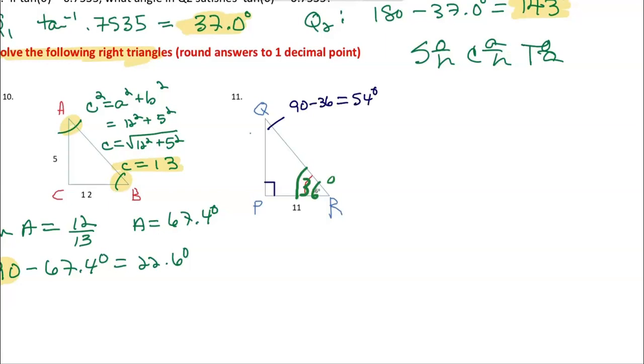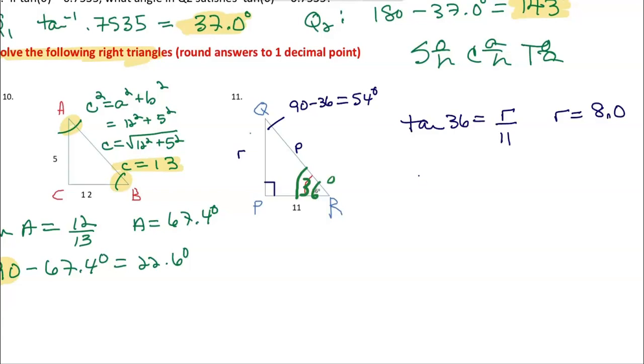Okay, so now I need this little r, and I need this little p. So to get the little r, I'm going to say the tan of 36 equals r over 11. This is a one-step problem. Do your cross multiplication, and you should be getting r equals 8.0, because it said round to one decimal point.